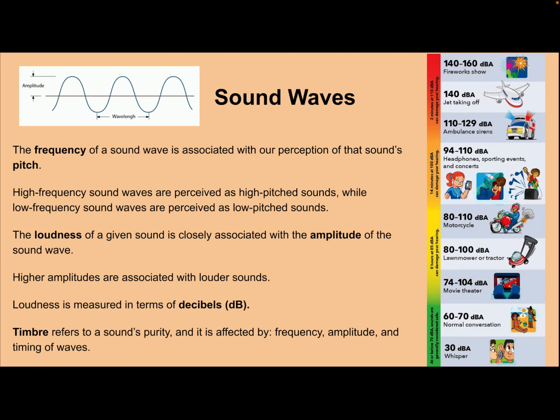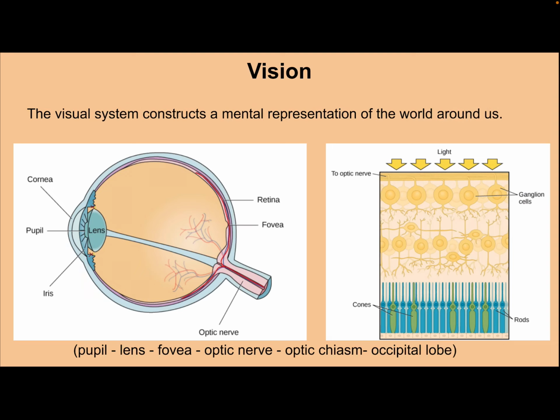In terms of the biological aspects of vision and even the neurological aspects, I don't need you to learn every little detail about how the sensory information is processed. I'd basically like you to know the information on this slide, which is that the visual system constructs a mental representation of the world around us, and the way it does this is by light waves entering our eye through the pupil, being focused by the lens on the fovea, which is part of our retina, and it's full of rods and cones.